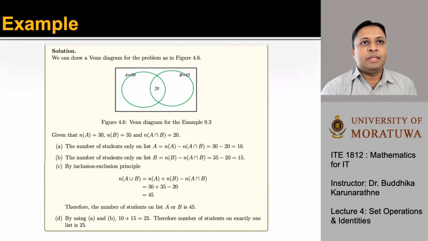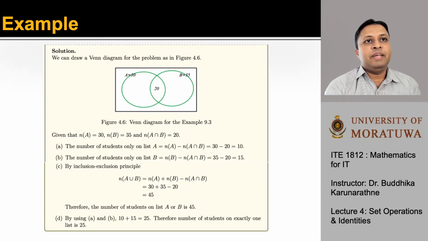Similarly, for the number of students only on list B, we can follow a similar procedure, which gives you 35 minus 20, which is equal to 15. Then for part C, we use the inclusion-exclusion principle to get the number of students that are either in the mathematics class or the English class.